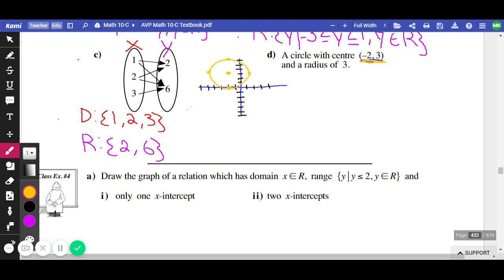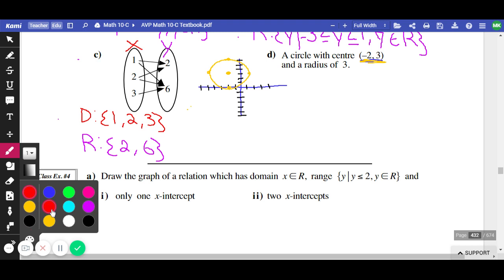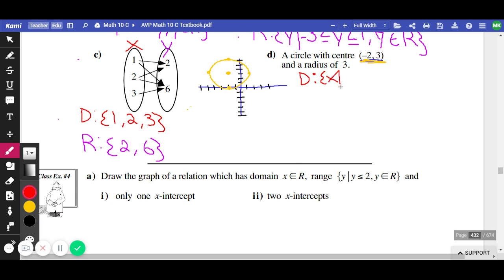Now I can do domain and range on that, the same way that I do domain and range on the circle above. So if I'm looking at my domain first, domain is x such that the lowest this goes is -5 right here, so the furthest left my graph goes, is less than or equal to x, which is less than or equal to the highest it ever goes.